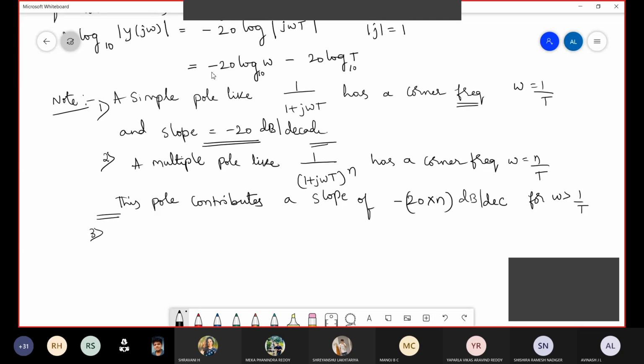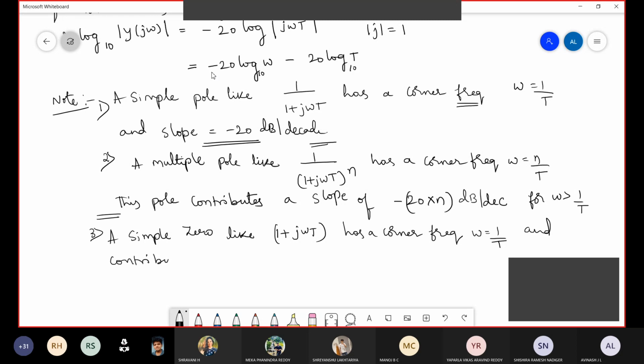If zeros are available in the equation, what to do? A simple zero can be written as 1 plus st. In terms of j omega, it is 1 plus j omega t, with corner frequency omega equal to 1 by t, and it contributes a slope.